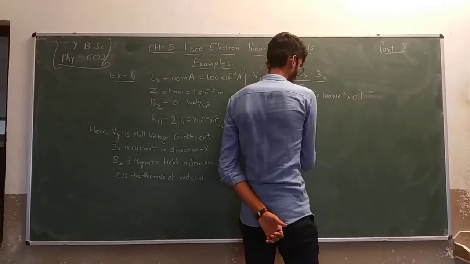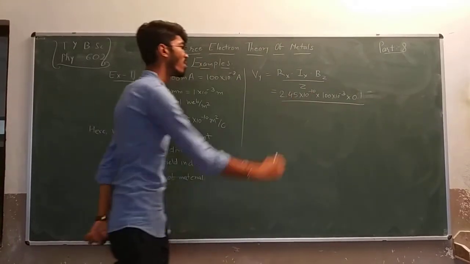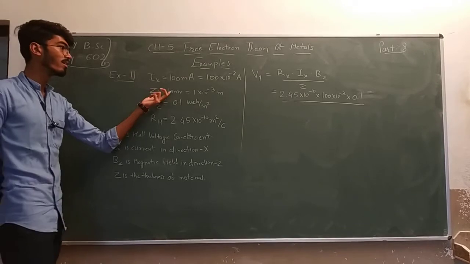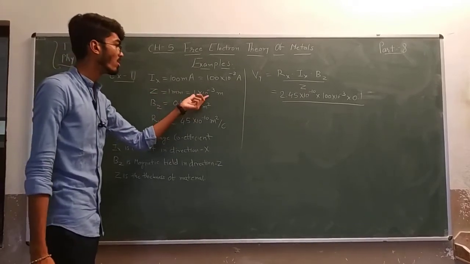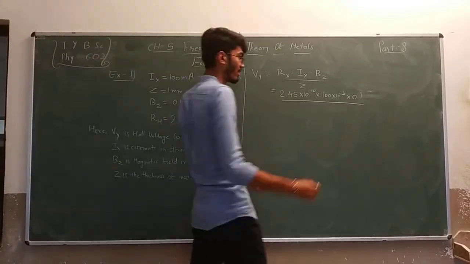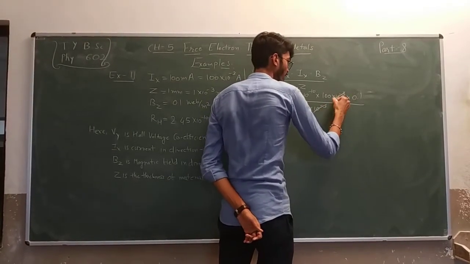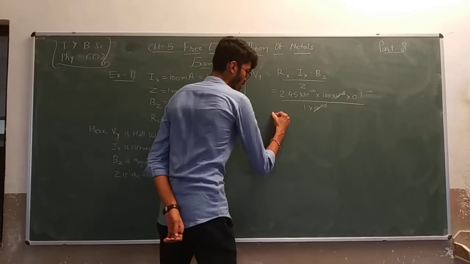So 0.1 upon Z. What is Z? Z is the thickness of the material. Z is equal to 1 mm, which is 1 cross 10 raised to minus 3. So here 10 raised to minus 3 and 10 raised to minus 3 cancel.